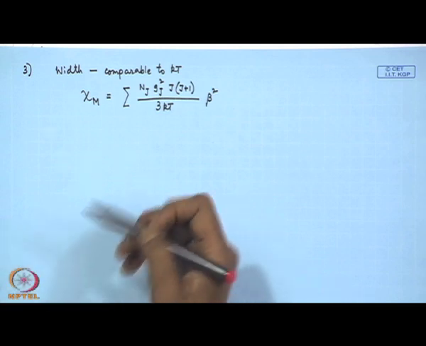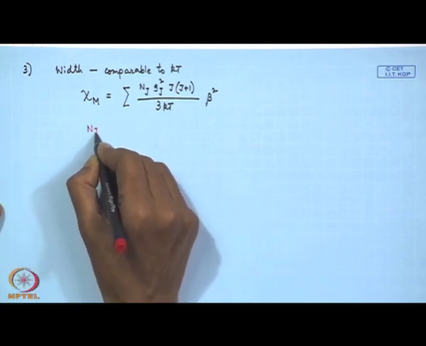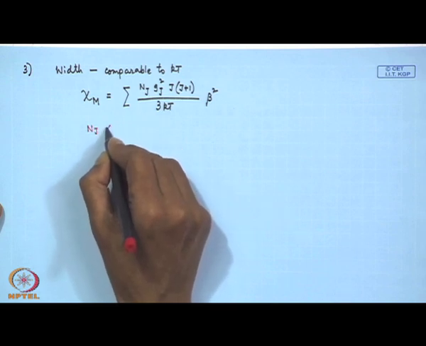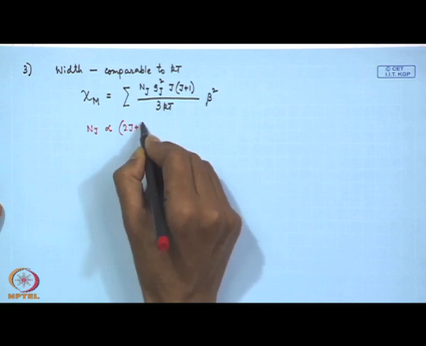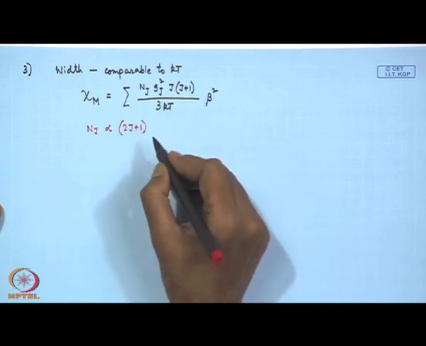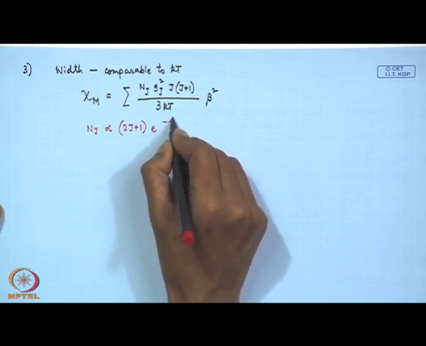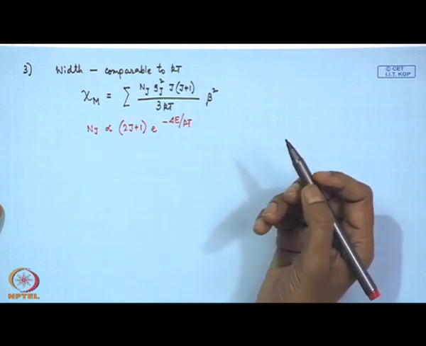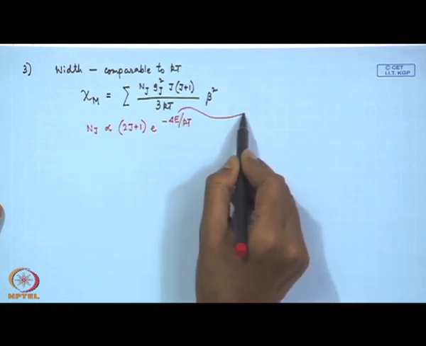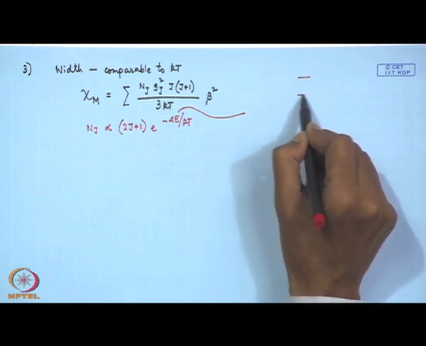This is the form of the corresponding new Curie equation for a situation where the multiplet width is comparable to kT. So, these Nj values are proportional to the corresponding multiplicity related to the J value and exponential minus delta E by kT, and that is the corresponding energy what we are talking about for these different levels.